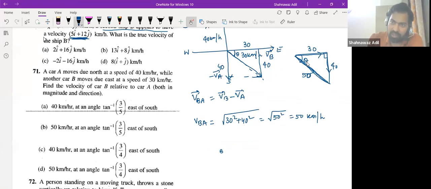Now we have to find this tan theta. So what would be tan theta? 40 by 30.